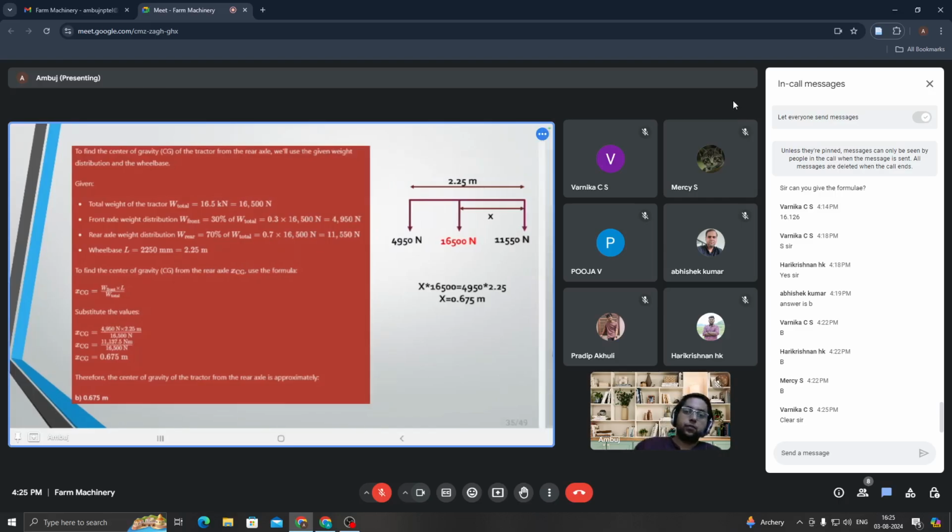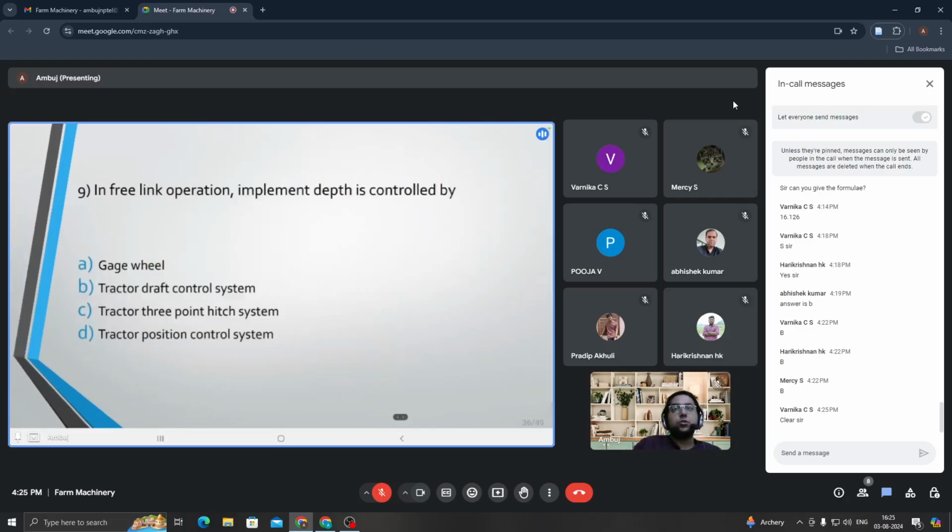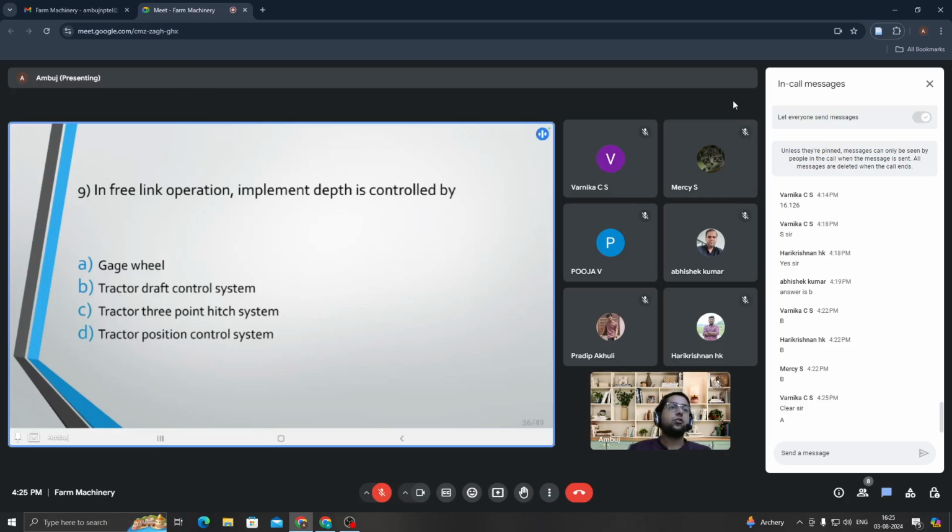Another question related to free link operation. Free link operation and restrained link operation are the two operations of the tractor using the 3-point hitch linkage system. In free link operation, implement depth is controlled by gauge wheel, tractor draft control system, 3-point hitch system, or position control system. Just try to solve this question and tell me the correct option.